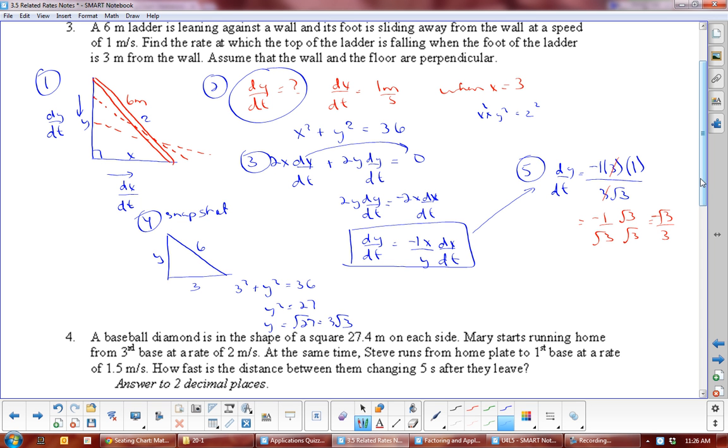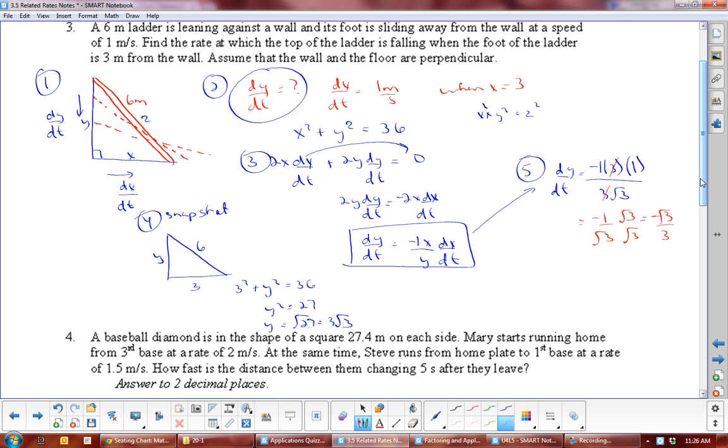Now, is that logical? Should it be a negative? Yes, it should. Yeah, it's going down. It's decreasing. Now, here's where you got to be very careful with your sentence. If you say the ladder is falling at a rate of negative root 3 over 3, is that correct? So you've put a double negative in there.